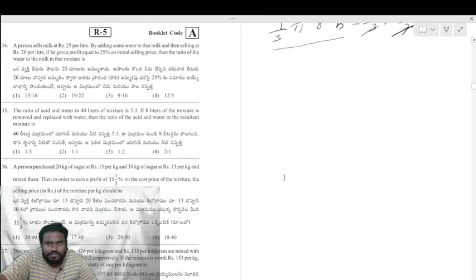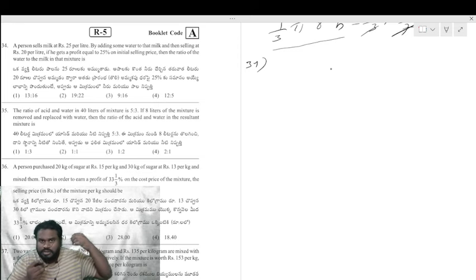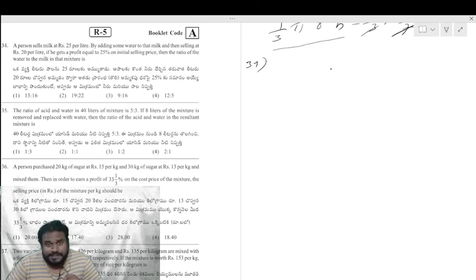Next question number 34. A person sells milk at 25 rupees per liter by adding some water to that milk and then selling it at 20 rupees per liter.